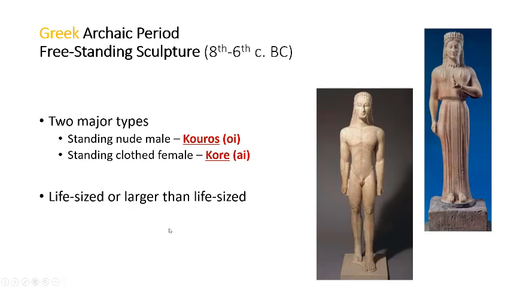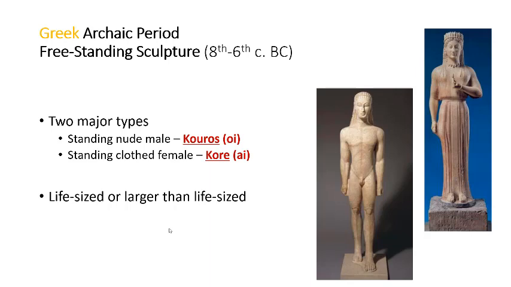In the Archaic period, 8th to 6th century BC, one of the earliest periods we really discuss sculpture in the Greek world, what many art historians consider one of the most profound achievements of the Greeks in art is the developments in standing sculpture.